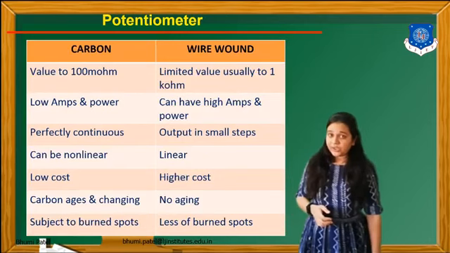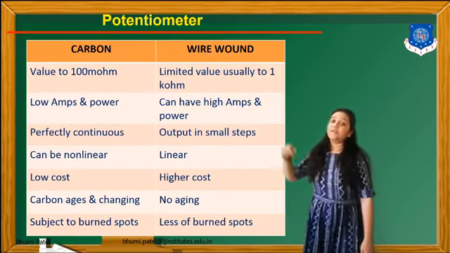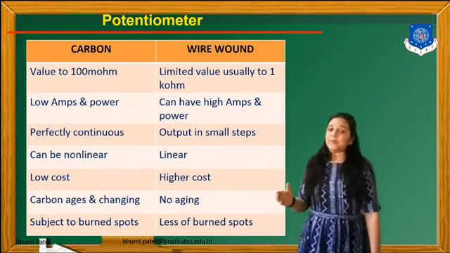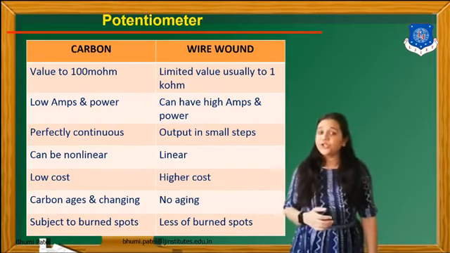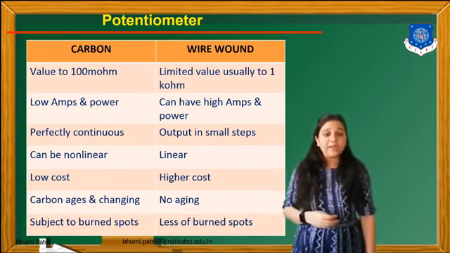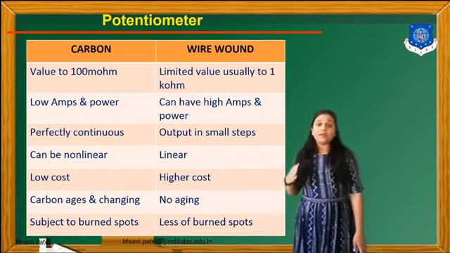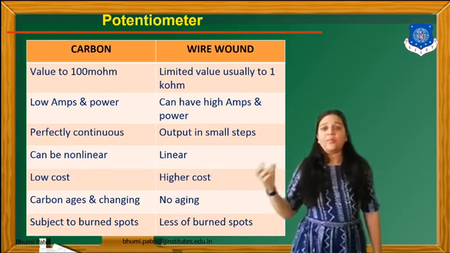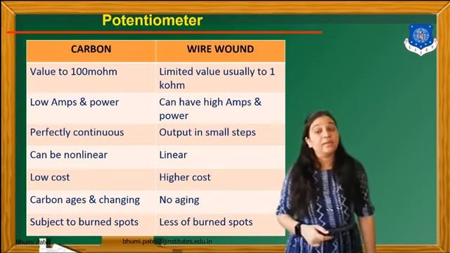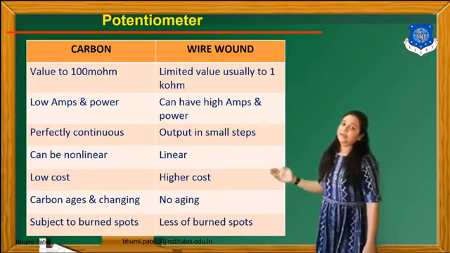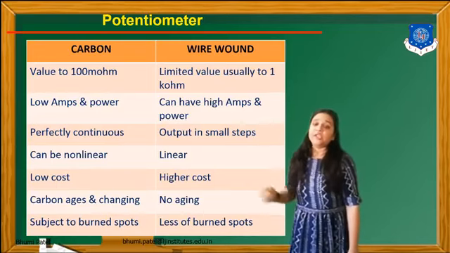Now, what is the difference between carbon and wire wound potentiometers? Why do we study this difference? Because depending upon the requirement and the system, we cannot connect a carbon or wire wound potentiometer every time in the same system. Depending upon the specification, we can connect the potentiometer to the input module.